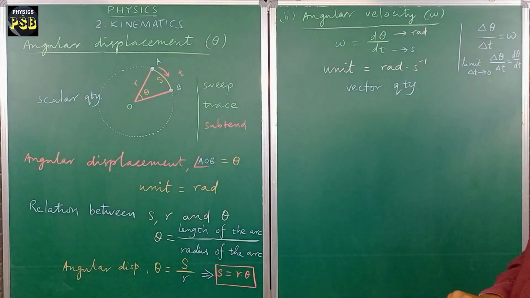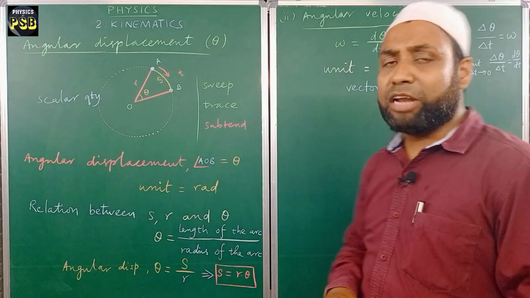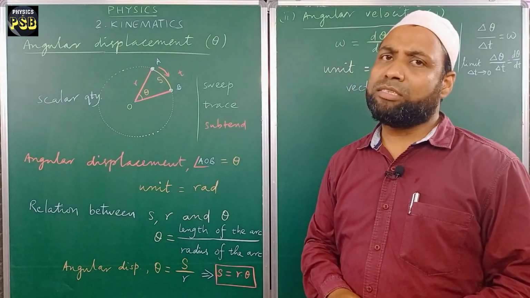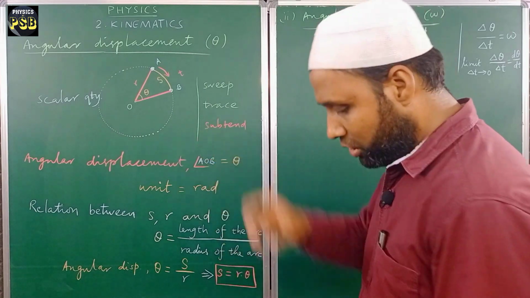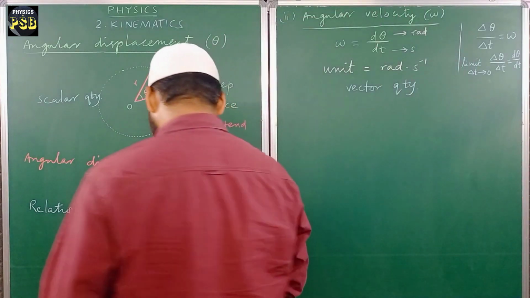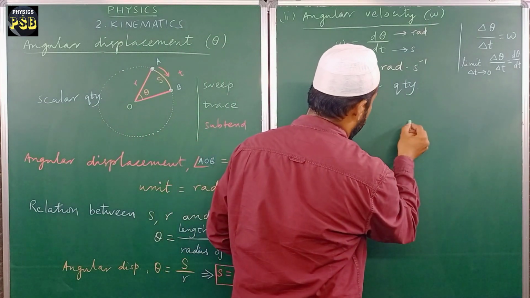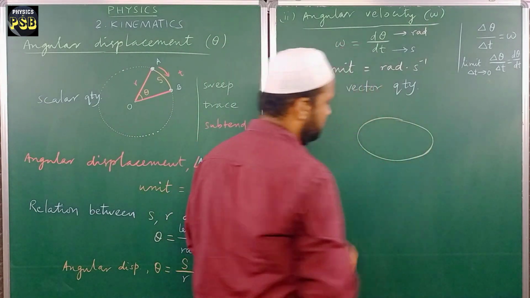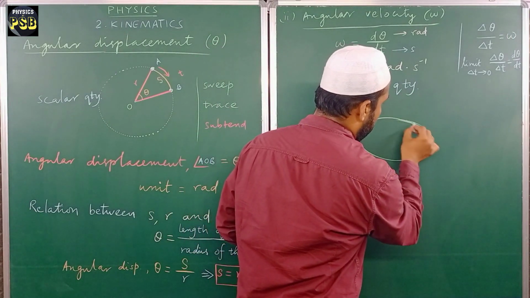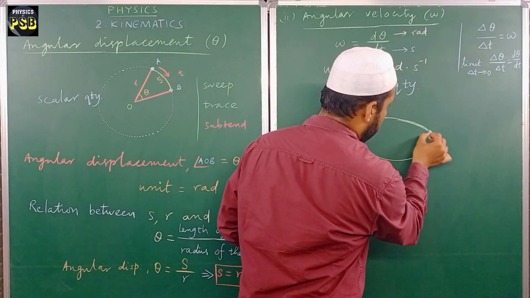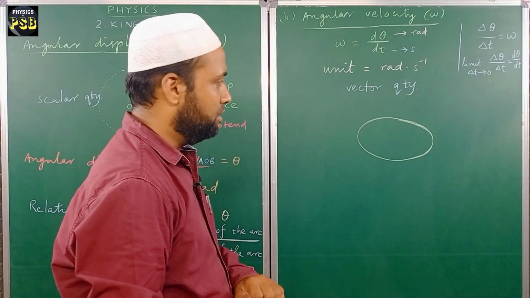Let me provide some more information about the angular velocity. When I say it is a vector quantity, in what direction does it act? Let me show you. Now suppose I have an object moving in a circular path. This is the circular path. Actually, it is a circular path, but appears like an ellipse.